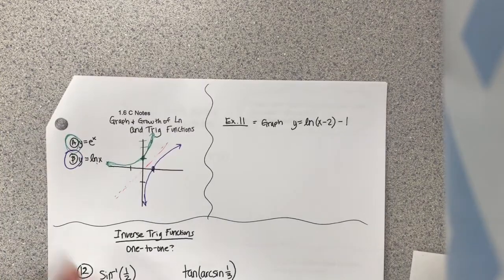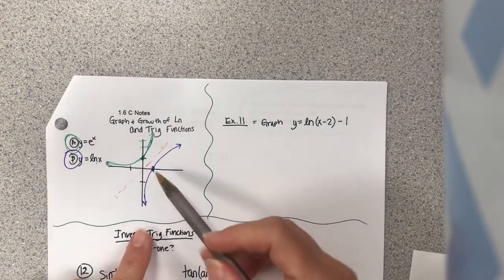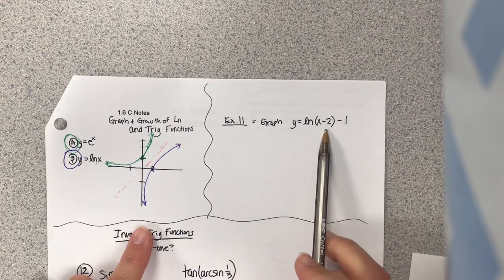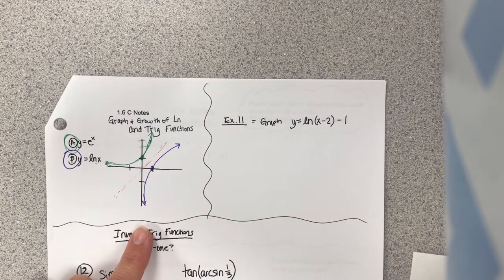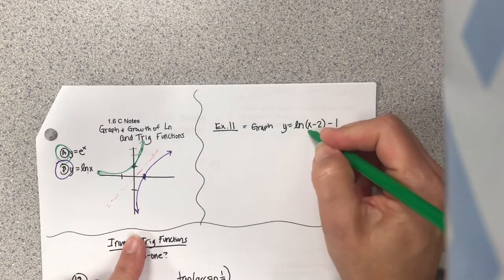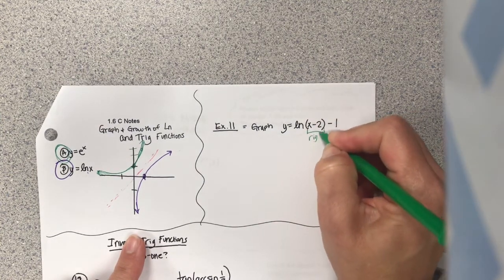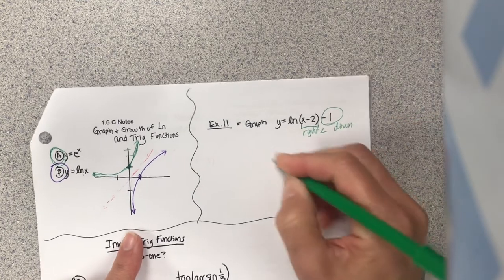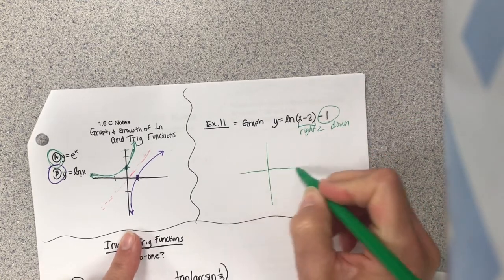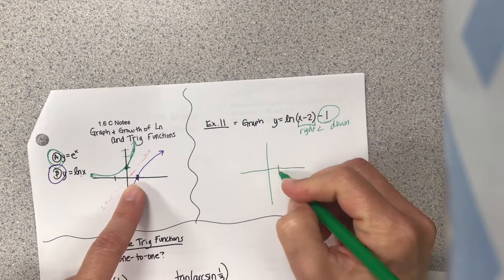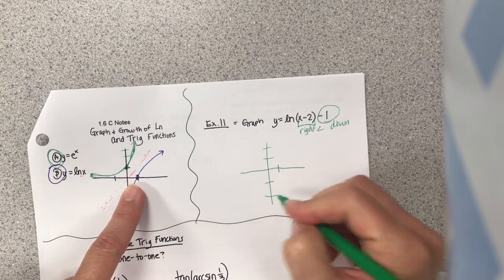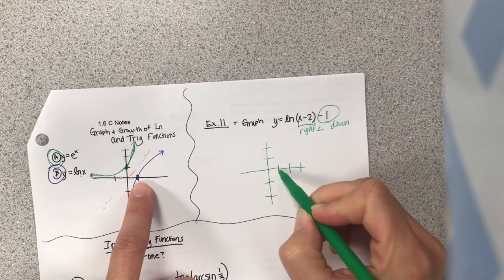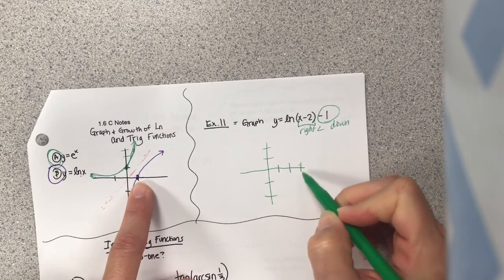So let's take what we know about the natural log function, this purple function here, and then let's graph the natural log of x minus 2, and then minus 1. This is going to move right 2, and this is going to move down 1. So if we take our graph from here, instead of starting at the point (1, 0), we are going to go right 2, down 1.